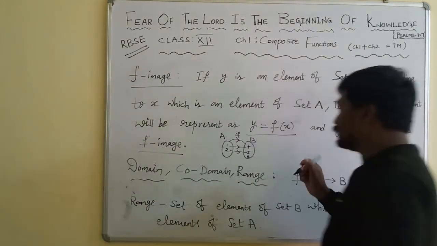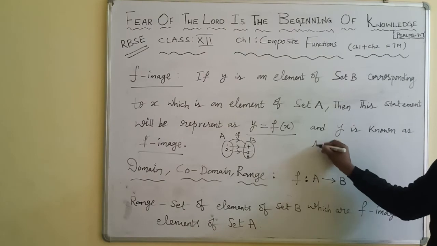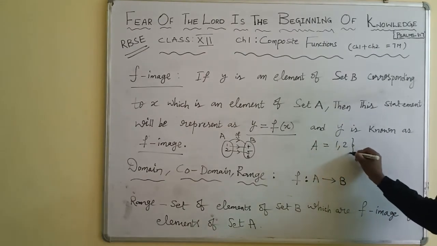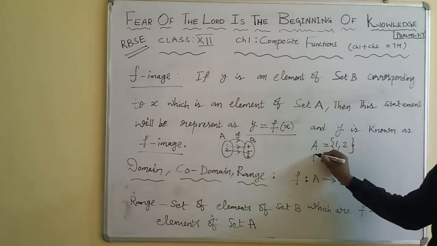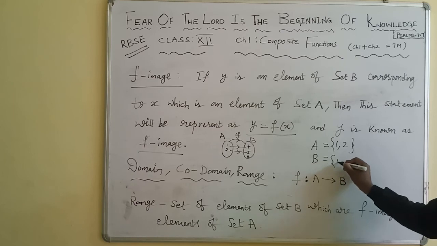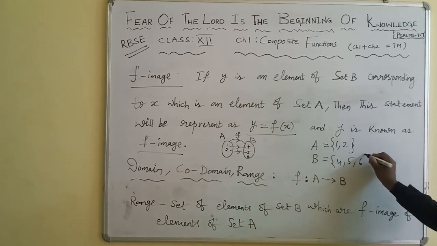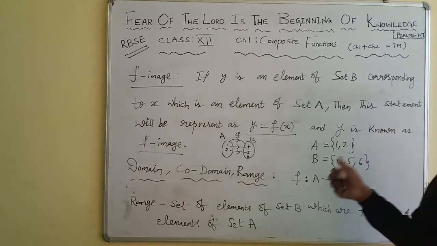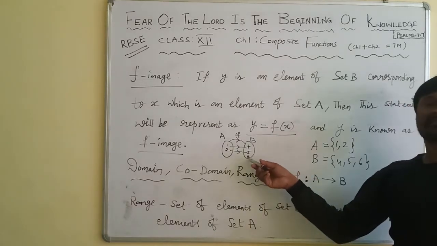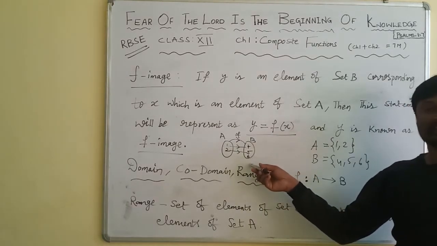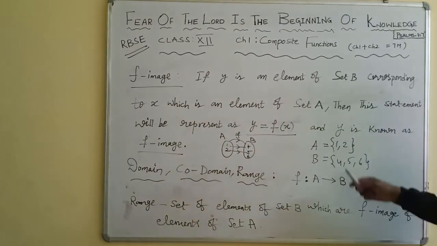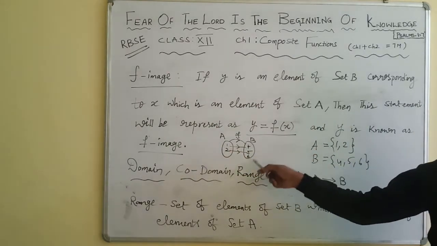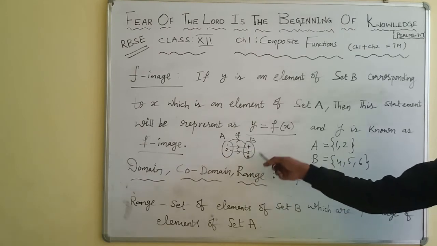So here, the domain A is equal to 1, 2 and the codomain B is equal to 4, 5, 6. In this codomain we don't need to bother about the connection of 6. You observed there is no connection for 6, but anyway we call the whole set B the codomain.